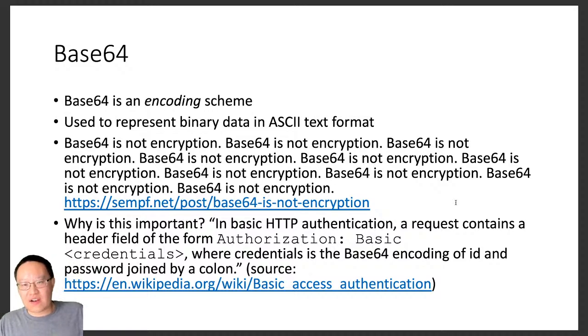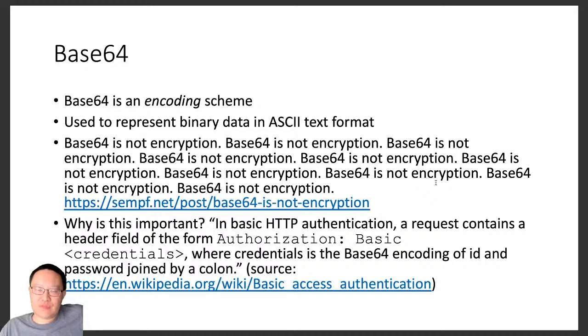If you want to crack the username and password, all you need to do is find this field, this string called authorization : basic. Okay? You want to find that. And the string that is after this field is the encoding that contains username : password.